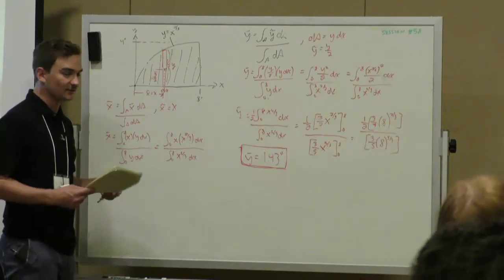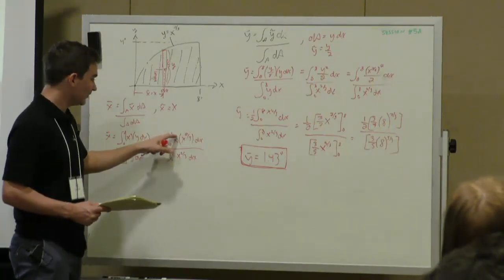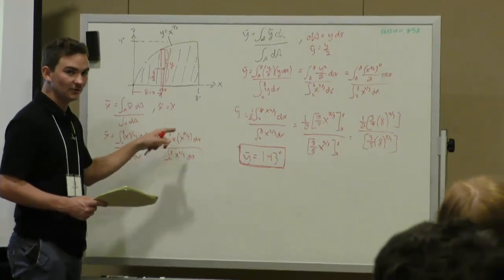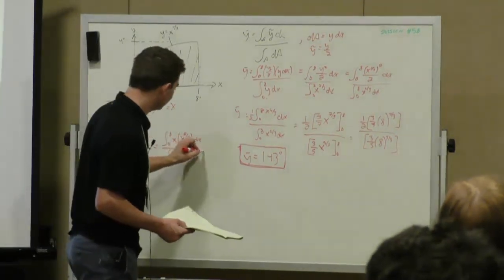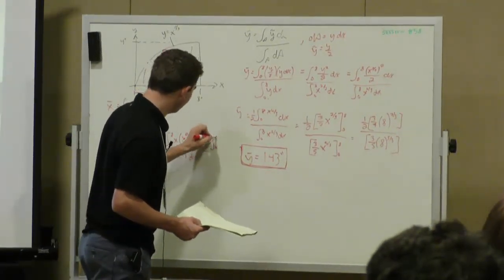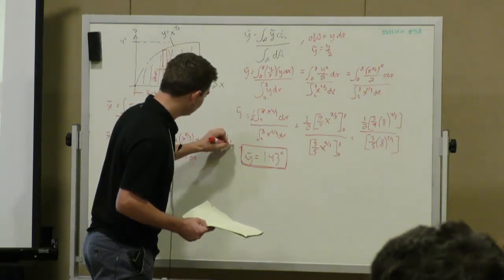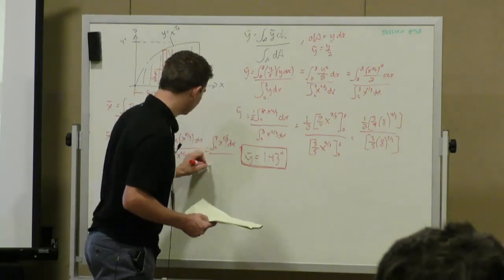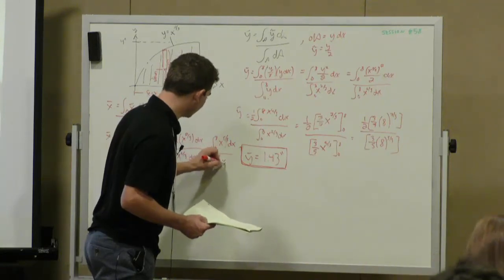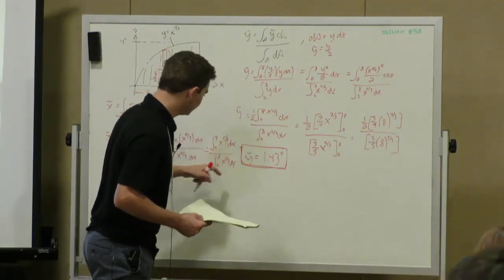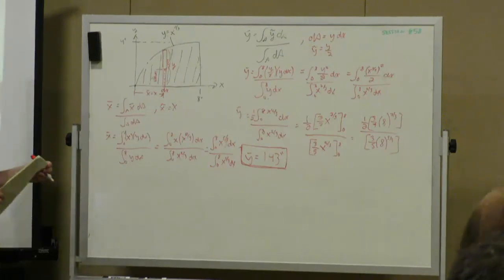So does that make sense for everyone? Yeah, so it's 3/3 plus 2/3, so it's 5/3. So 0 to 8, x^(5/3), over 0 to 8, x^(2/3). So does everyone understand how to get there? Okay.